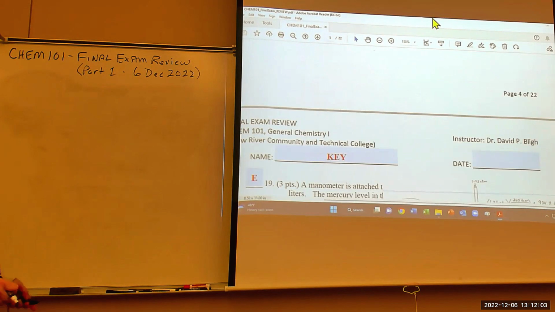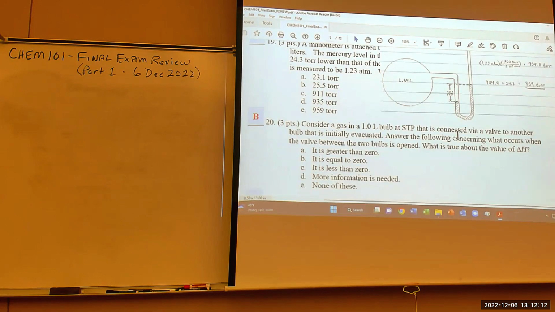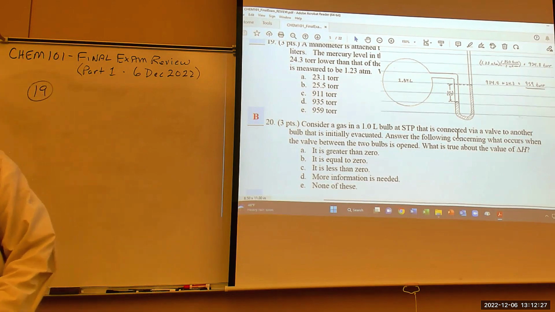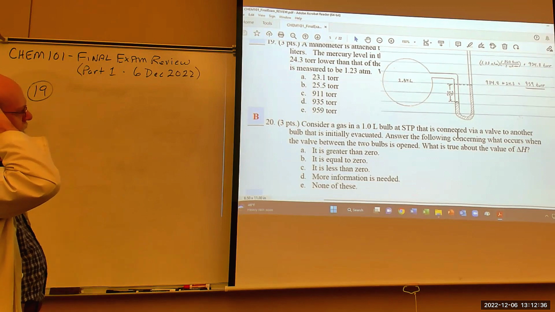All right. Oops, gonna have to scroll a little bit. I made a drawing for this one, it looks like. Yeah, I think we can get enough of that in there to see what the question is. A manometer is attached. Oh, I got it covered up. That's a problem. Let me see if I can figure this one out.